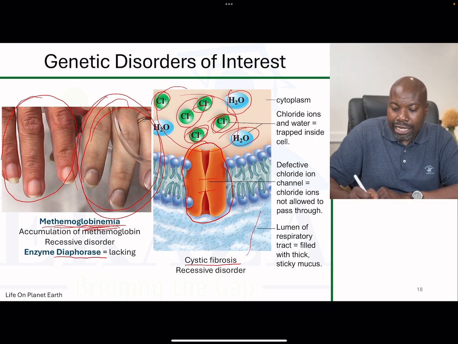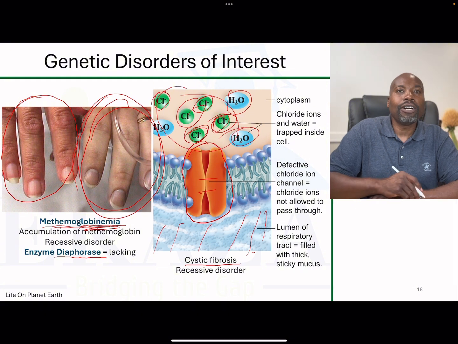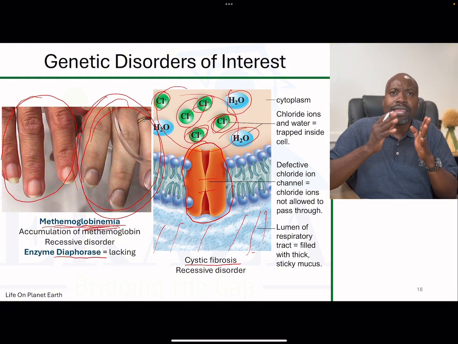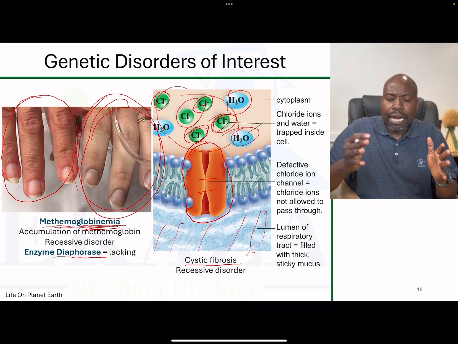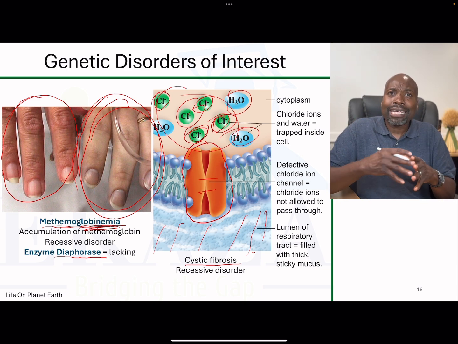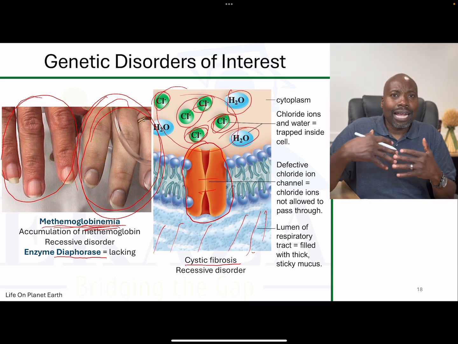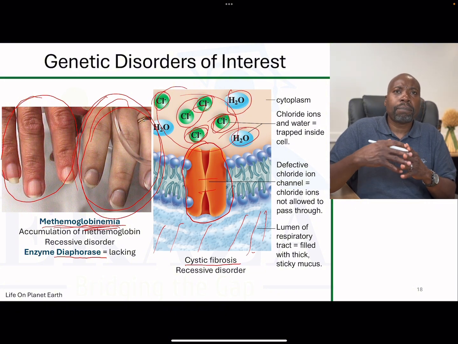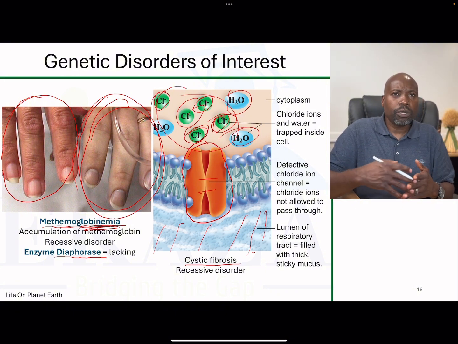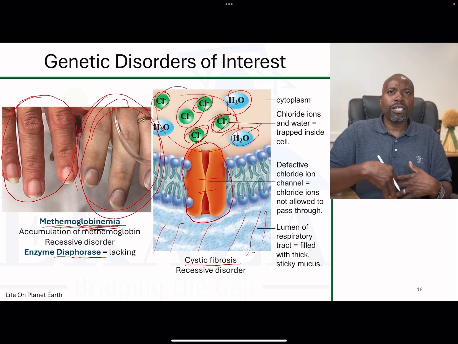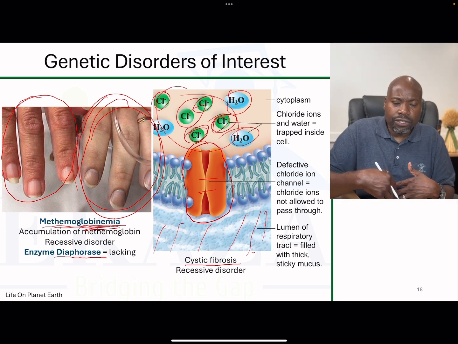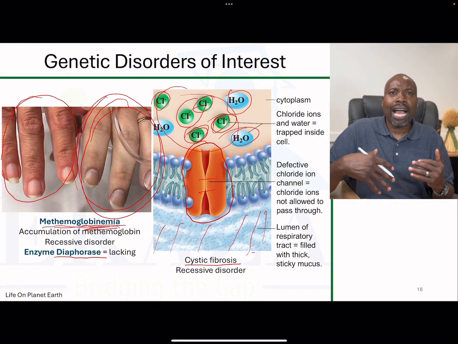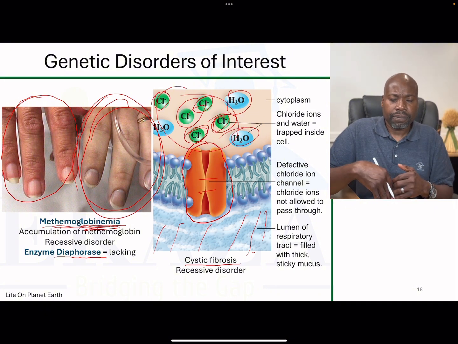While outside, you are going to have a huge amount of mucus. That mucus is going to be thick, right? That mucus is going to be thick and capture about anything. That's why cystic fibrosis individuals are prone to infections, including respiratory infections, digestive tract infections, and infections of most areas where we have mucous membranes, right?